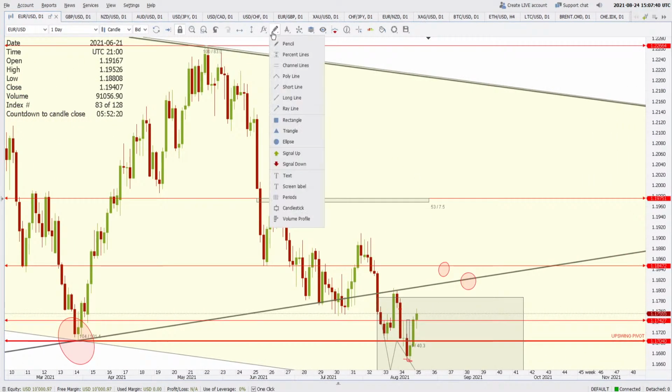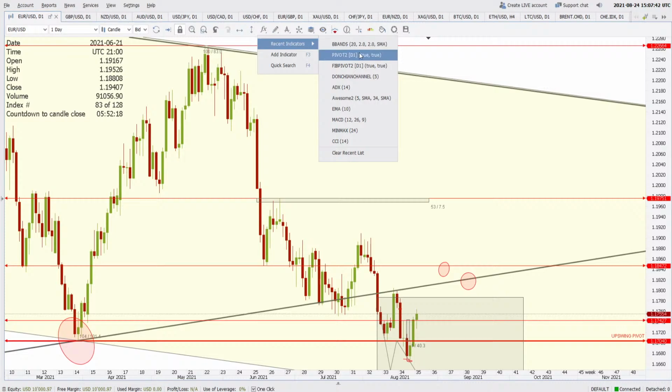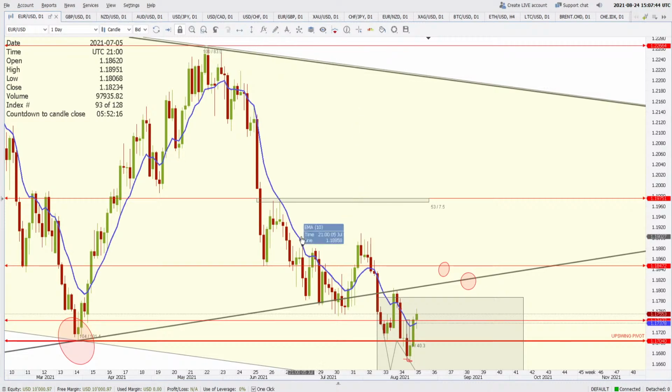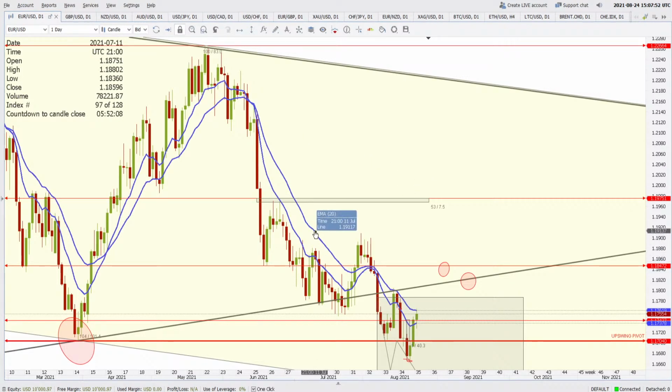Now also, if you draw the moving average 10 and then clone it with the 20, I will decrease the width.